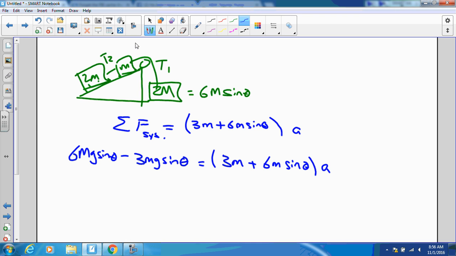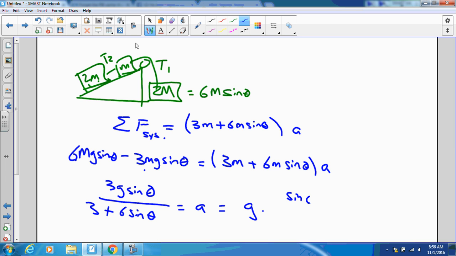Good. And so we get 3mg sine theta. We can do some direct division. And that, as you point out, is equal to g times sine theta over 1 plus 2. 3M plus 6 and 7 plus, because that's the total mass of the system.